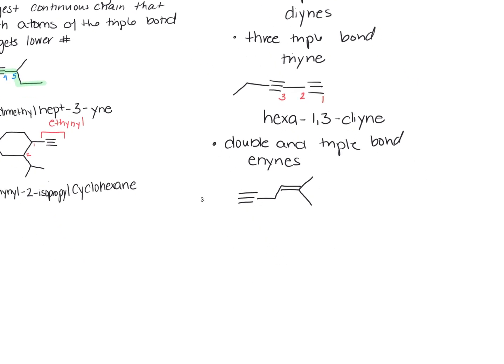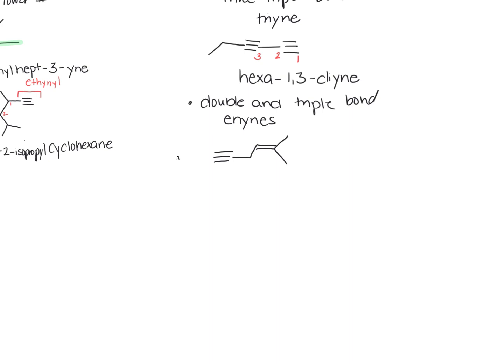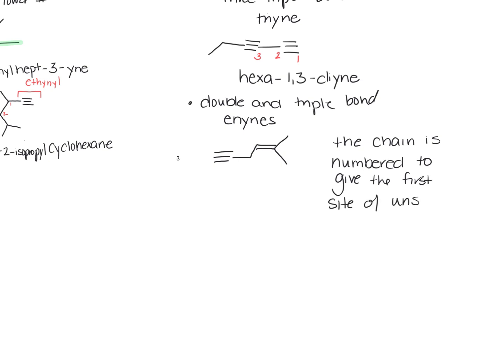The chain is numbered to give the first site of unsaturation the lower number.